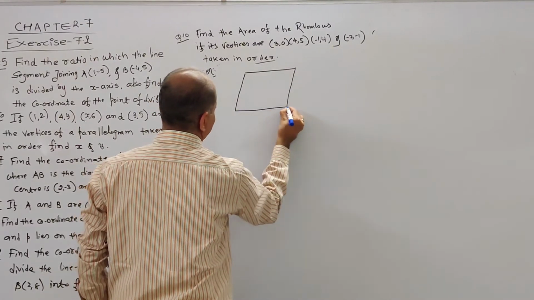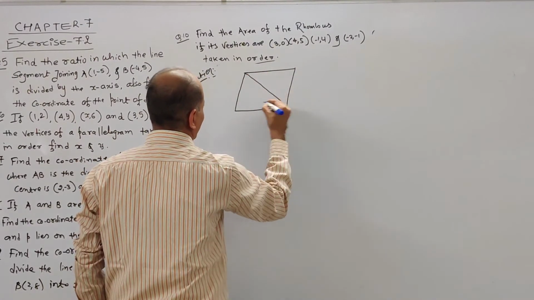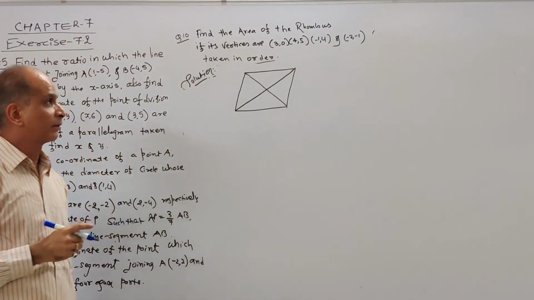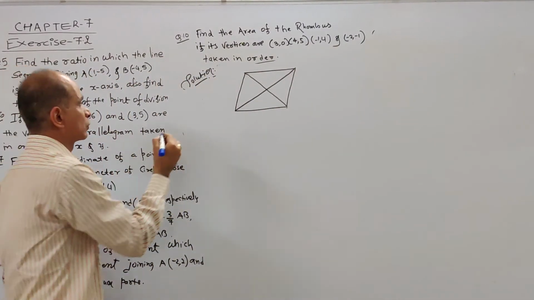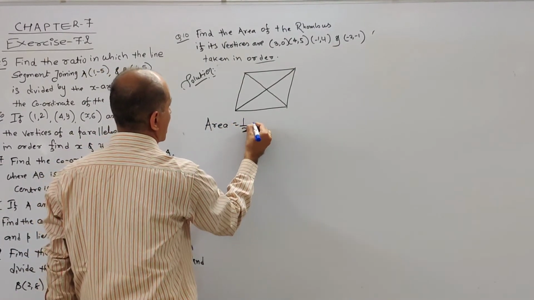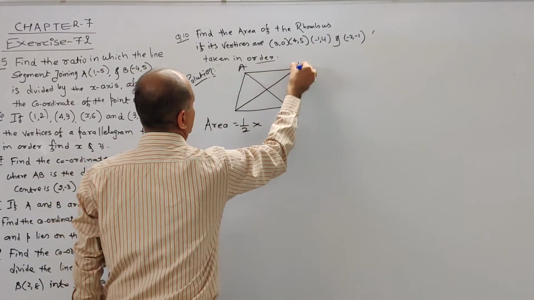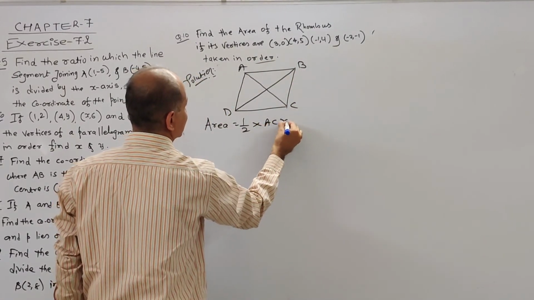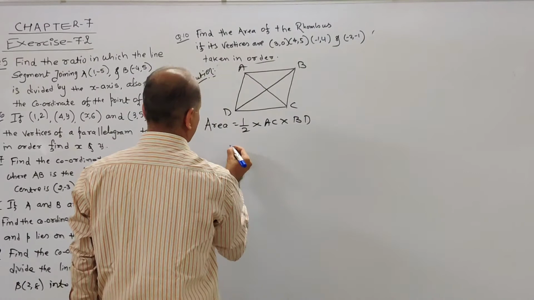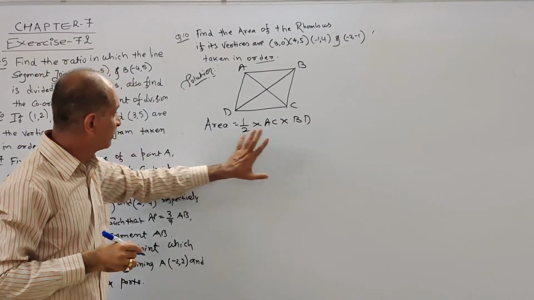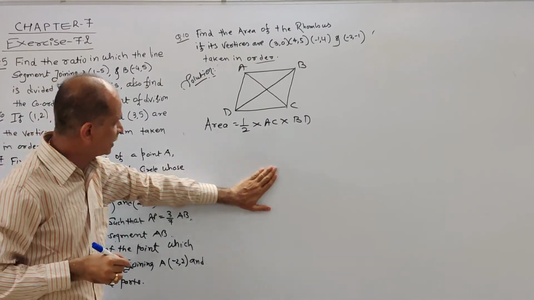According to 9th standard, the area is half of the product of the diagonals, means half of AC into BD. So let me find out first AC and BD, put the values in this formula, so you can easily find out the area of the rhombus.